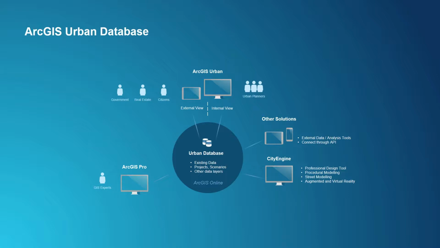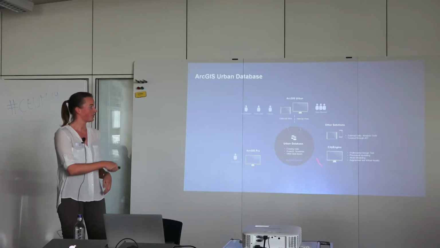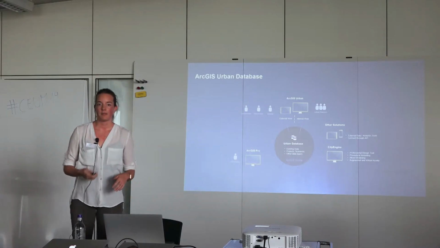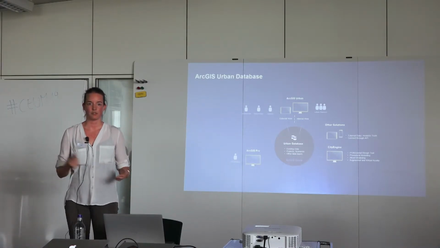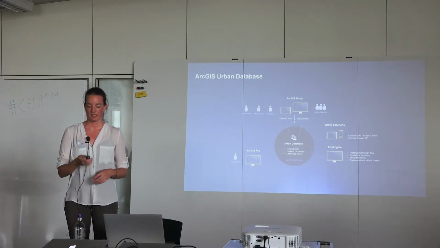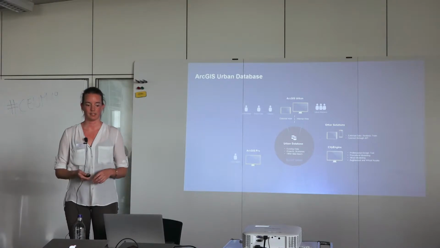This is meant to have all the existing data, but also all the design scenarios and so on, and they can be consumed by both the ArcGIS Urban web-based client, but also, for example, by CityEngine, by ArcGIS Pro, or any other solutions that want to make use of this data. So it's really where everything comes together and can use this data for further analysis.